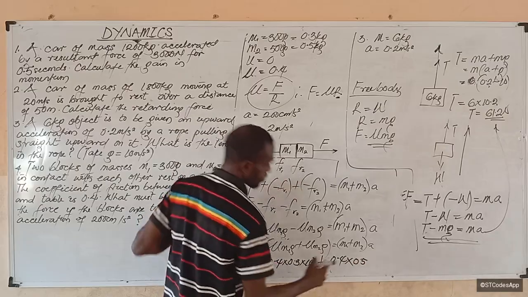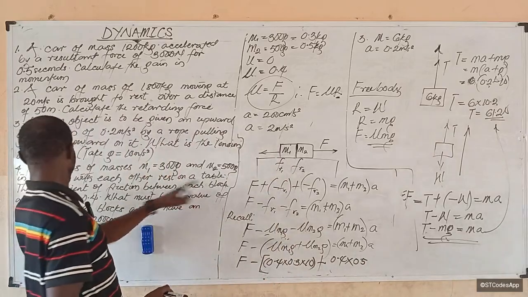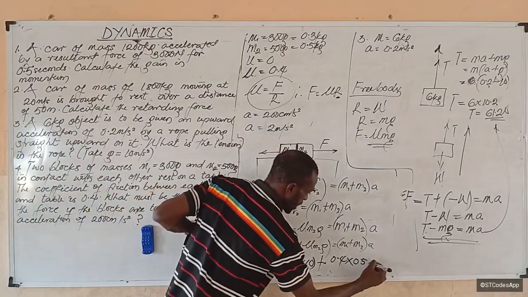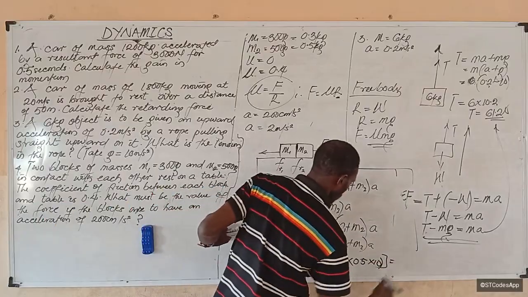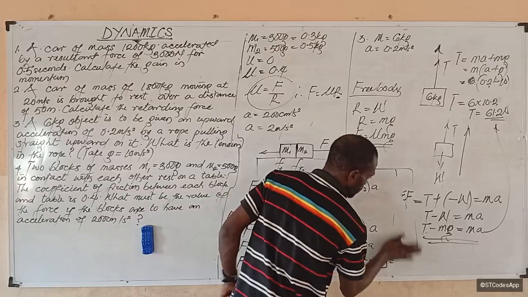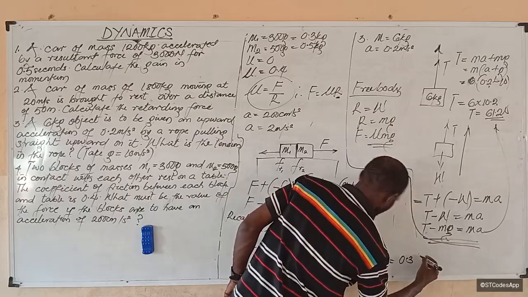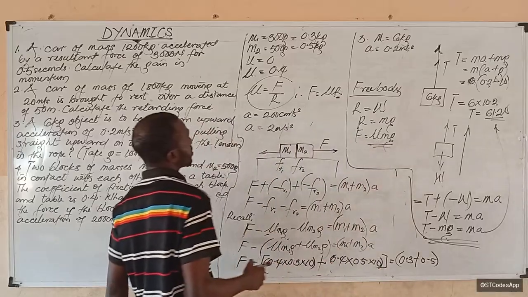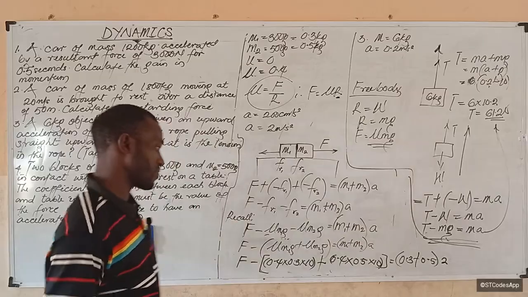Keep in mind I'm using 0.4 because the coefficient of friction is the same for each block, both of them. So times 10, then close the square bracket, is equal to m1, which is 0.3, plus m2, 0.5, times acceleration. What's the acceleration? 2 meters per second squared.